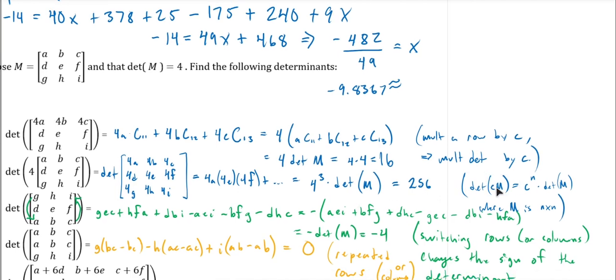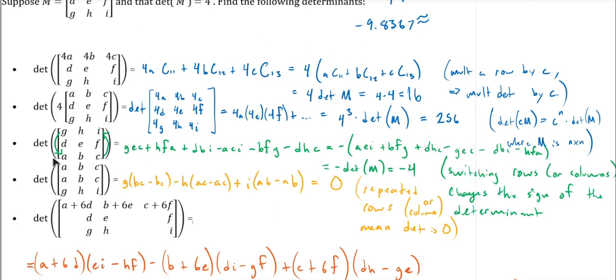Well, every entry would have an extra c in it in this case. And since there would be n such terms in each product, we wind up with c to the n that we could factor out. So if we take the determinant of a constant times the matrix, it actually depends on what the dimension of that matrix is. An n by n matrix, we're going to pull out c to the power of n from our determinant.